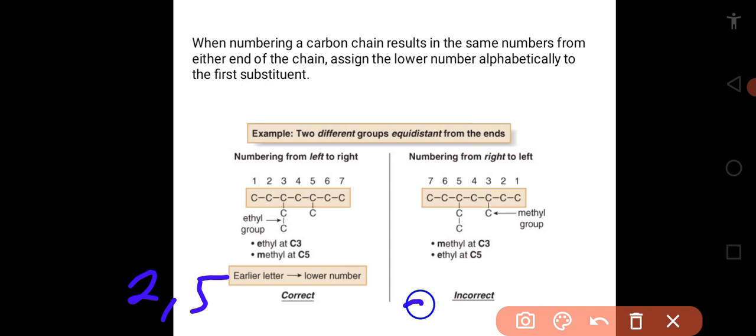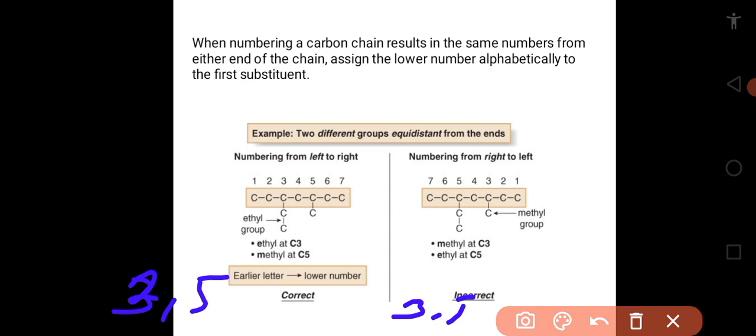At carbon 3 we have, 1, 2, 3, and at carbon 5 we have, okay, no, here we have 1, 2, 3. So it's at 3 we have ethyl, and also here at 3 we have methyl, and at carbon 5 we have ethyl.